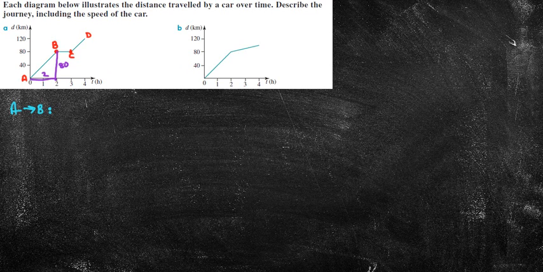Now, we could write it like a rate, like we've been doing, 80 kilometers in 2 hours, and then say, as a rate, that would be 40 kilometers per hour. But if I use the rise over the run, or the gradient, the rise is 80, the run is 2, and 80 divided by 2 equals 40. And so you can do it the two different ways. But from A to B, I'm at a constant rate of 40 kilometers per hour.